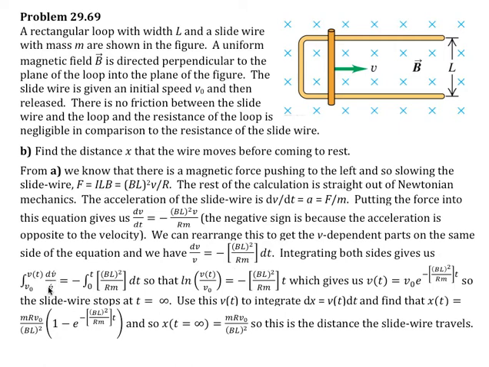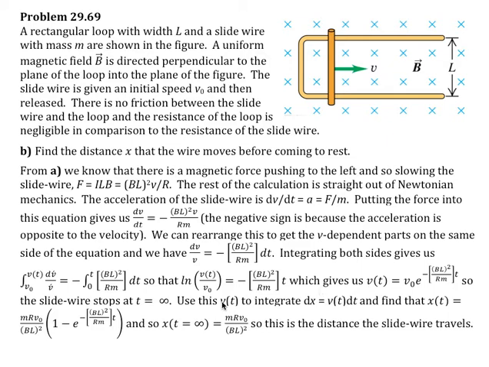Integrate both sides from v0, where it started, to any later velocity v of t, and from t equals 0 to some later time. What we find is the log of v(t) over v0 is this quantity multiplied by t. It's linear in t, which tells us that v is indeed exponentially decreasing. At t equals 0 it's v0, and for long enough t, in other words infinite t, it stops.